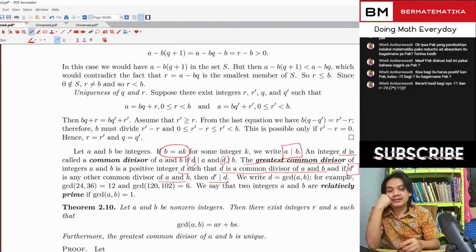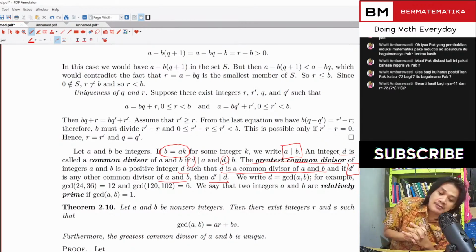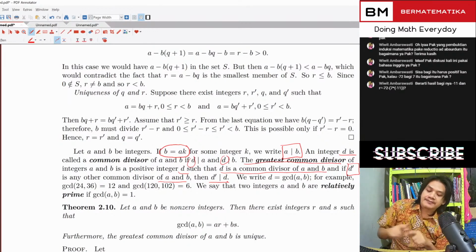So that's the definition of the greatest common divisor of A and B.